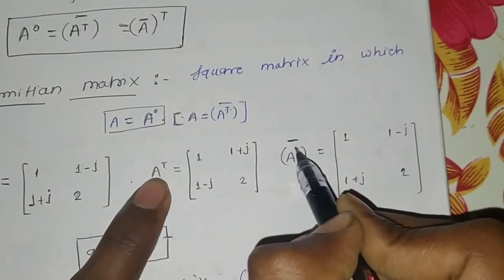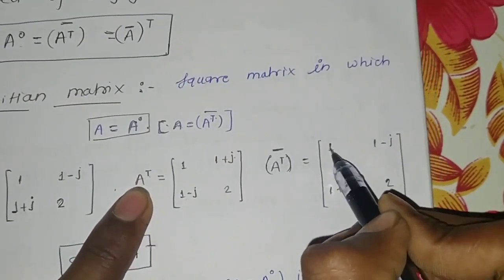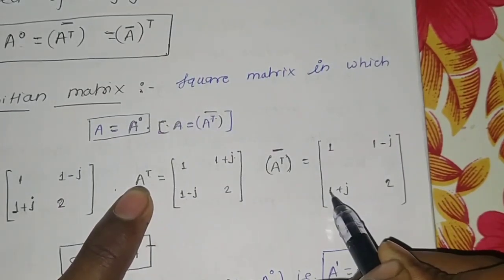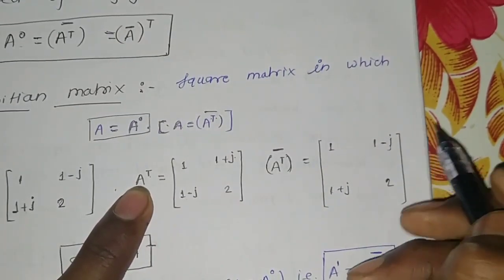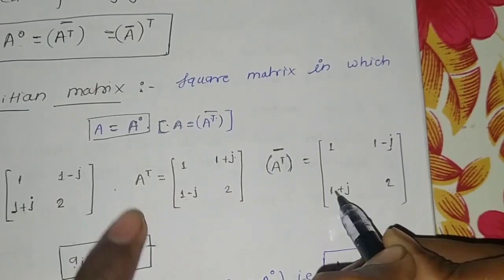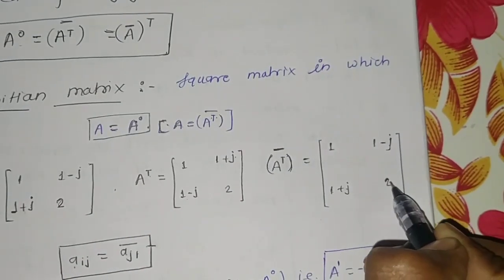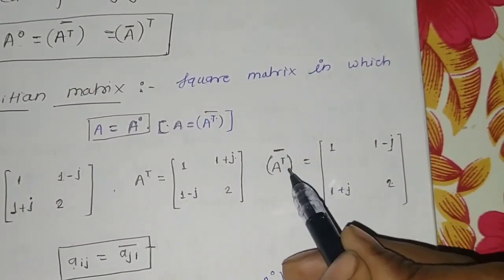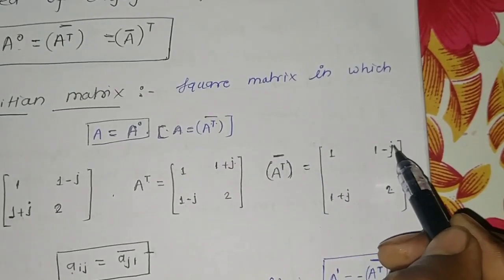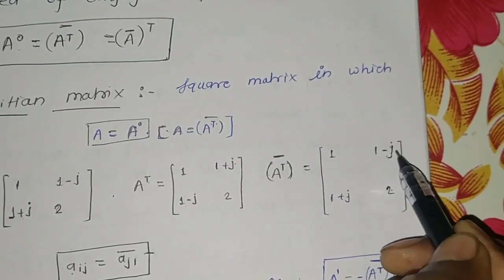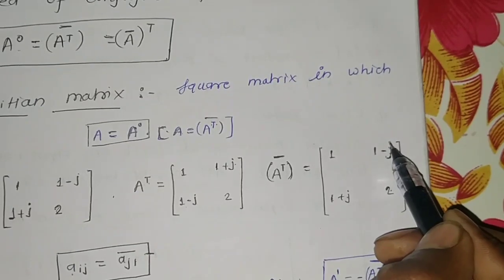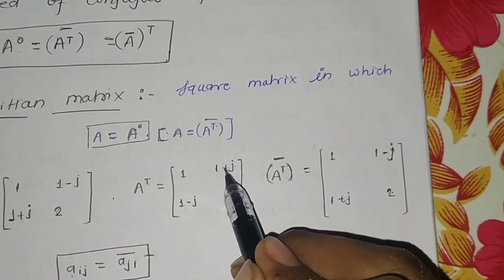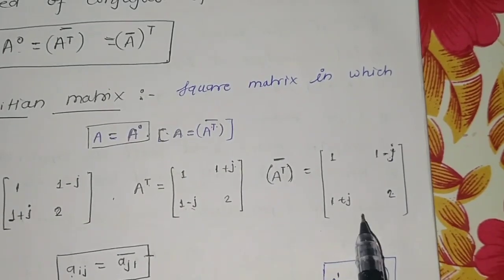And again we have to take the conjugate of this, so 1 minus j, 1 plus j, and 2. For the conjugate, you just have to interchange the sign of the complex number only. So you just convert plus sign into minus and minus sign into plus.